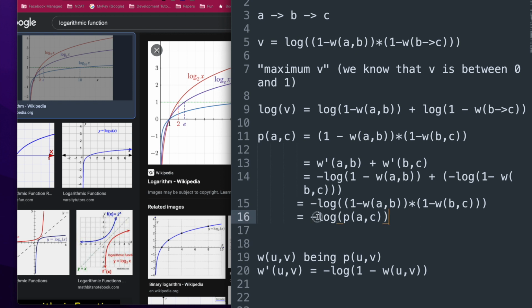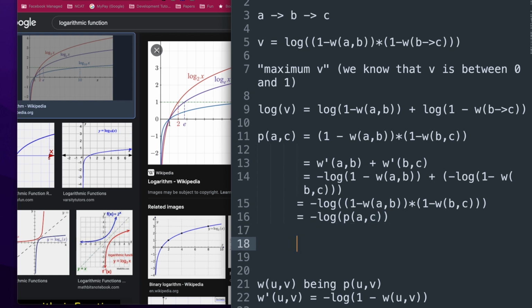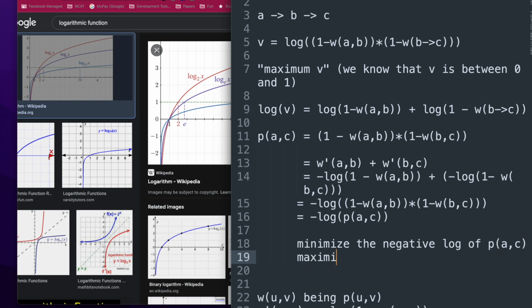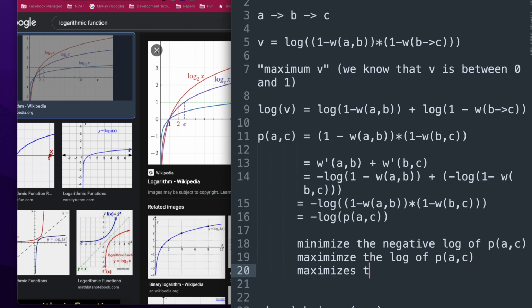And what we notice here is that originally we're trying to maximize this value, right? So maximizing the log is going to maximize this value, and minimizing the negative log of PAC is going to maximize the log of PAC, which also maximizes PAC.